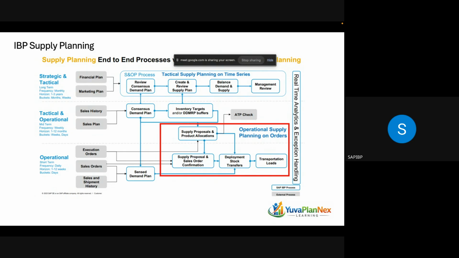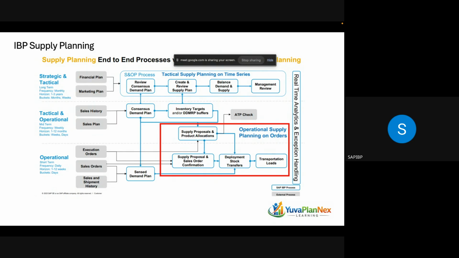In another business terminology, we call it strategic level planning, tactical planning, and operational planning, right? Depending upon the kind of planning you are going to carry out, we'll go with the respective supply planning. So in IBP, there are 2 types of supply planning. One is time series, and the second one is order based. Okay.